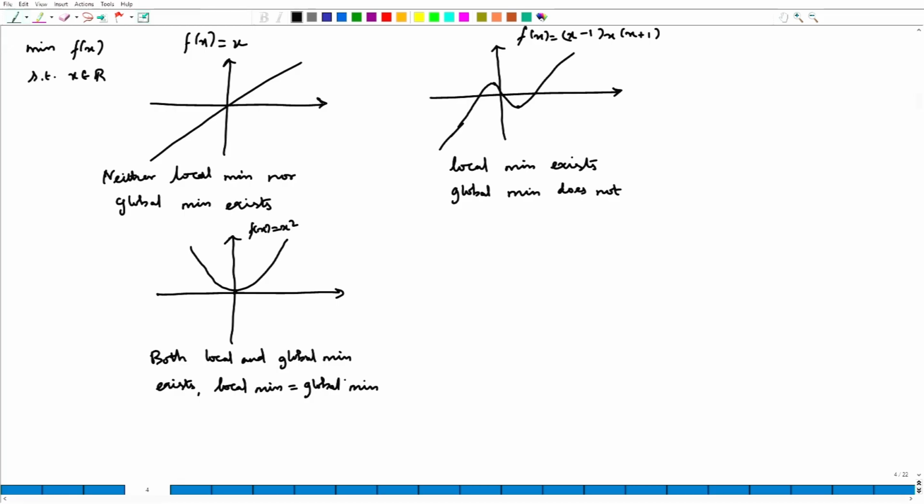Finally, let us see an example where both local min and global min exist, but you have a local min which is not a global min. Let us take this example.